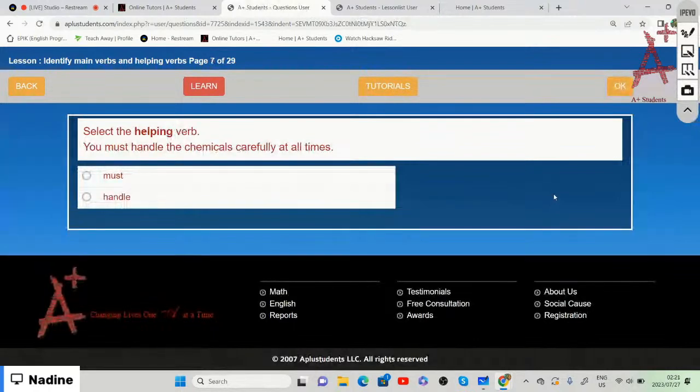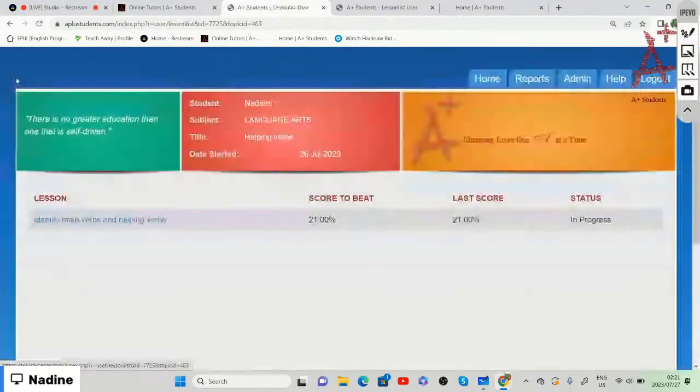All right, so now we're going back. So this is, like we said, helping verbs. We have identified main verbs as well as helping verbs, right? And we say the helping verb comes in front of a main verb.